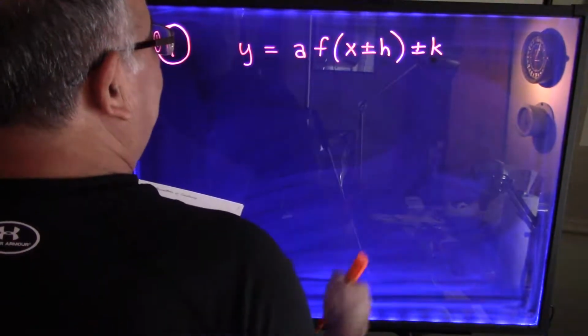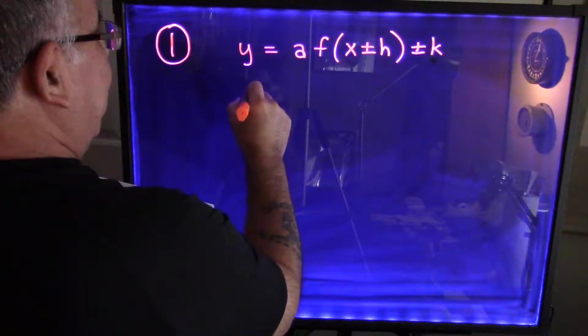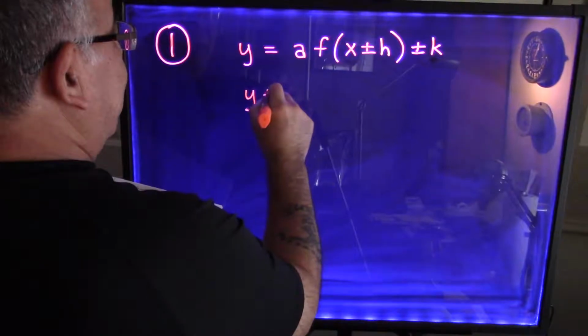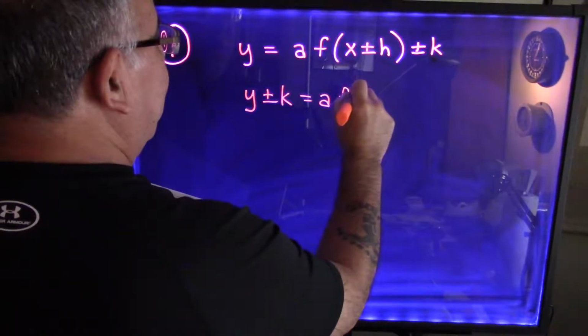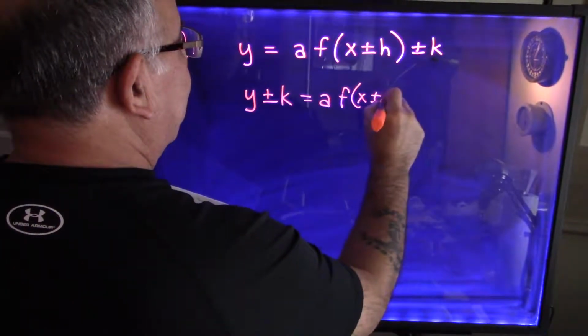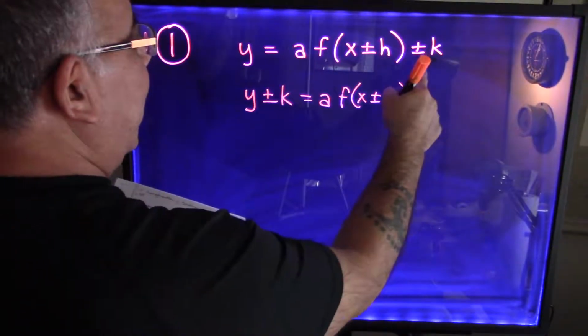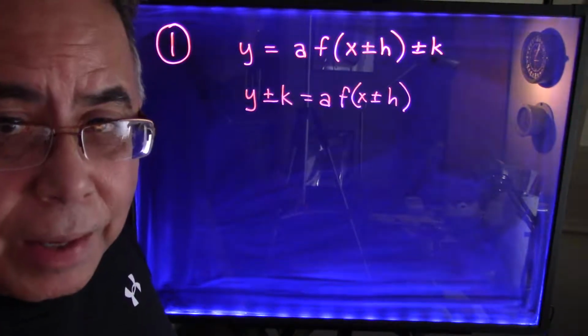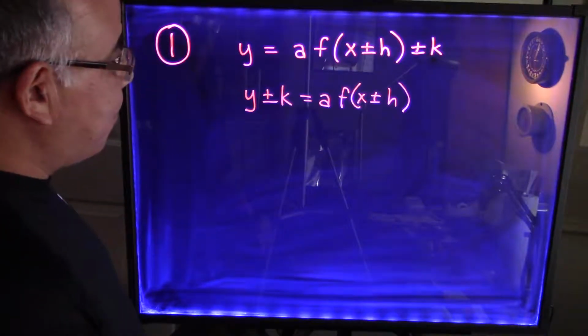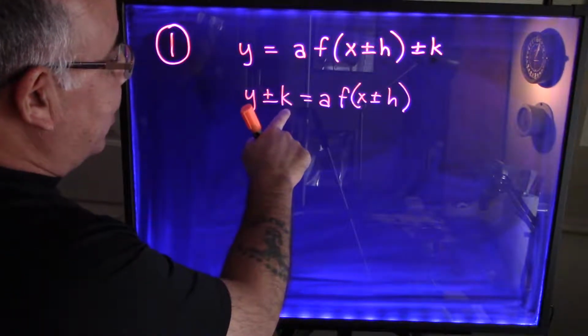Now it's easier to remember if you write it like this: y plus or minus k equals a times f of x plus or minus h. If you move the k at the end of the function to the left side, next to the y, then it's easier to remember.